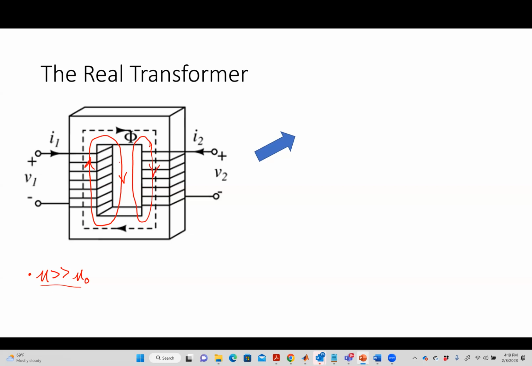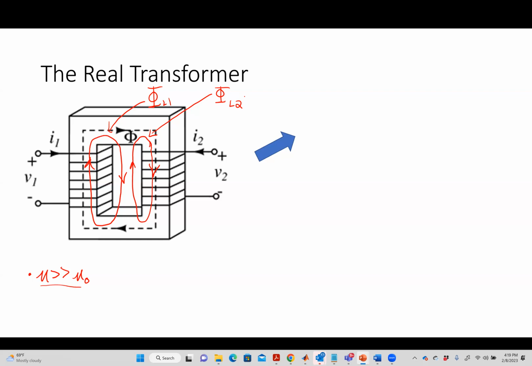I'm going to call this phi L1, and I'm going to call this phi L2. L for leakage. So this is leakage. It's flux that's leaking out of the system.